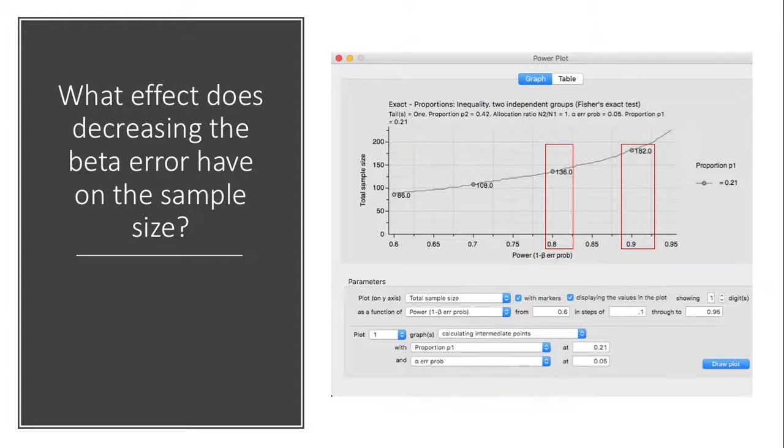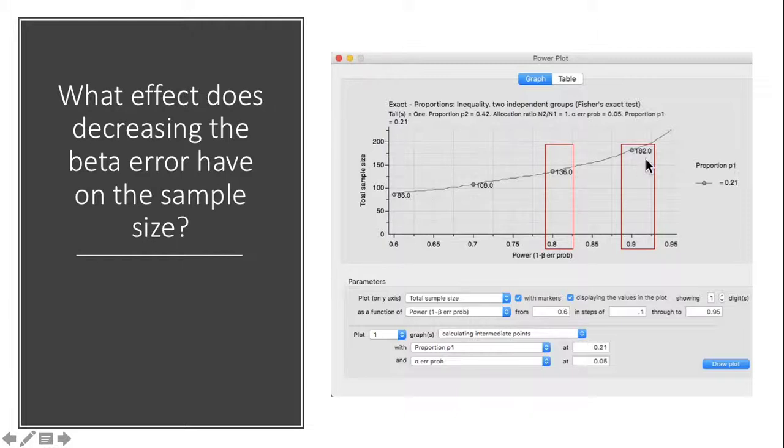So if we go back to the G*Power software, this helps illustrate what effect decreasing the beta error has on the sample size. So here's what we did. I went in and inputted the data that they found with their original effect size. They're thinking a 21% difference. So they went with 90% power or a 10% beta error. That gives them 182 subjects to achieve that power.